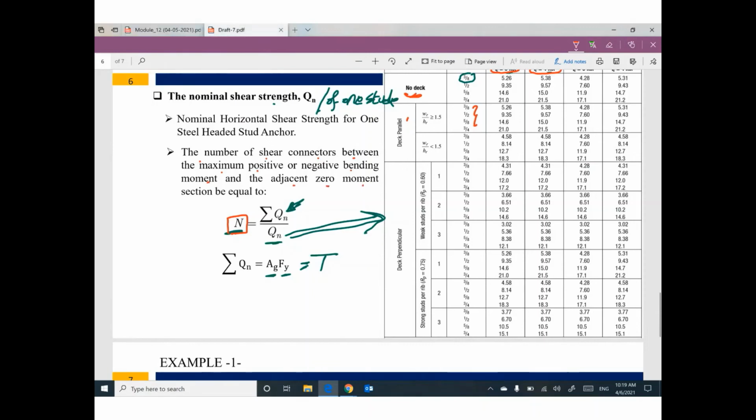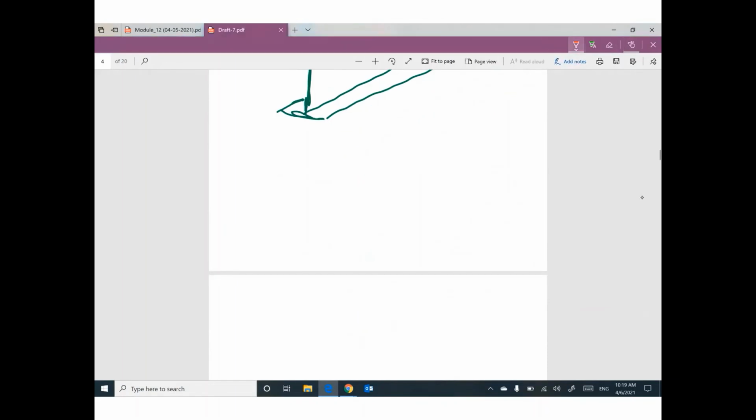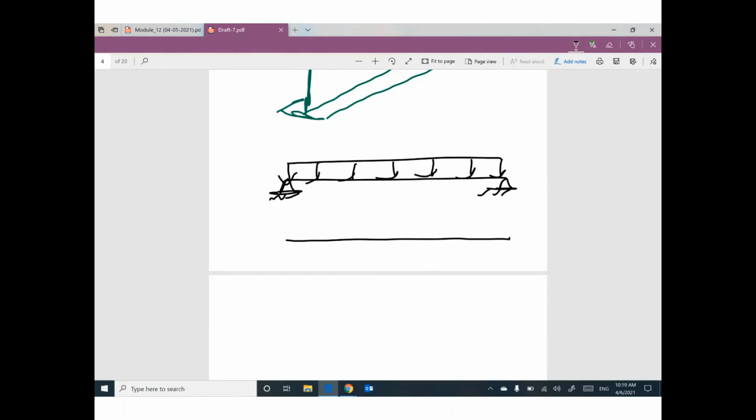I'm sorry, what do you mean by this? Let me explain it here because it's very important to understand this point. It's very critical. We have a beam like this under the effect of uniform distributed load. Anybody can tell me or remind me what is the shape of the bending moment? The bending moment diagram looks like a parabola.